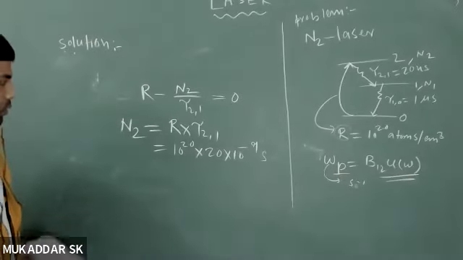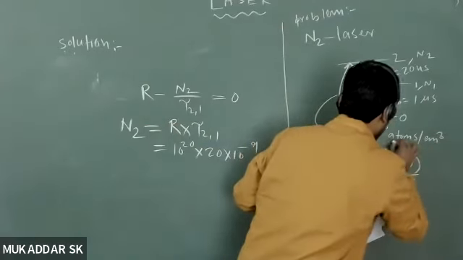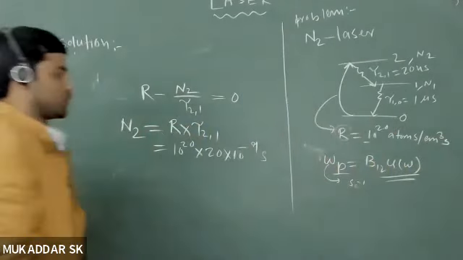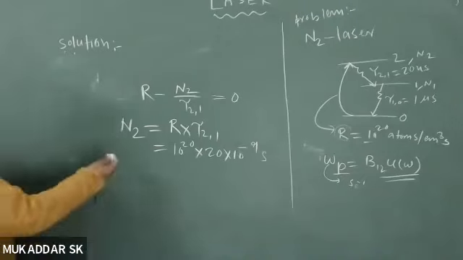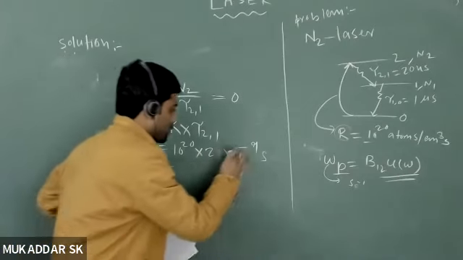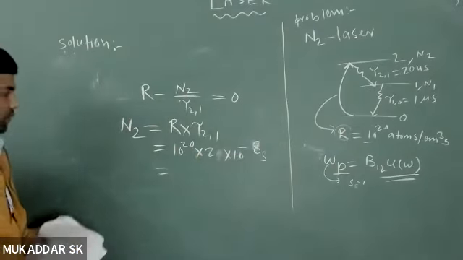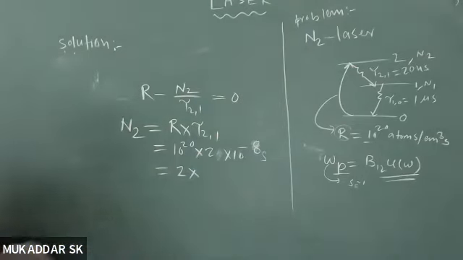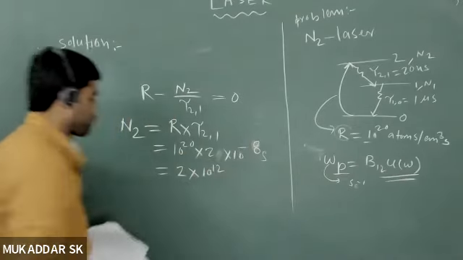Okay, and also here I think I made a mistake. The dimension given here is atoms per centimeter cube, and there is also a second there. So what will N2 be? If you solve it, 20 from here we can write as minus 8. Then 2 into 10 to the power 20 minus 8 will be 10 to the power 12.